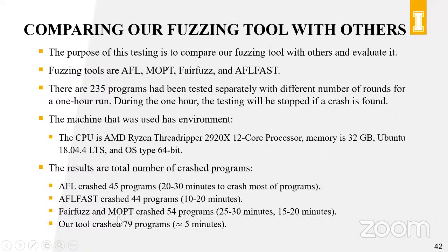FairFuzz and MOPT crashed 54 programs between 25 and 30 minutes, and MOPT 15 between 15 and 20 minutes. Our tool crashed 79 programs, most of them in about 5 minutes.